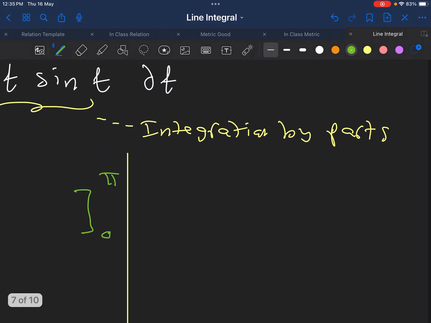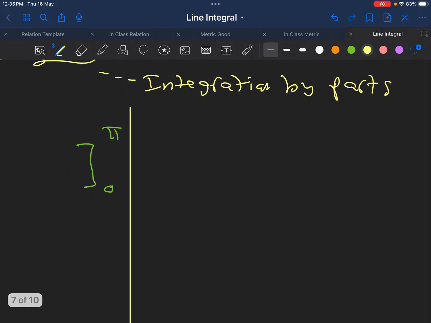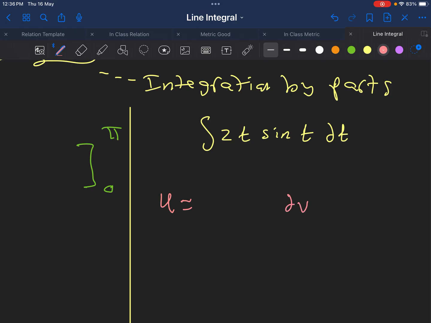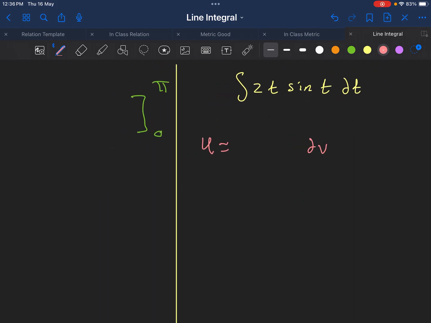Let's go here and do the integration by parts for the integral of 2t sine t dt. Well, for integration by parts, you need to write your function as u and dv. And why is that? Because later the integral of u dv equals uv minus the integral of v du.